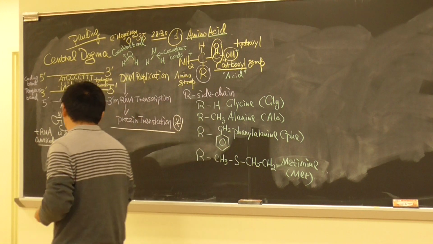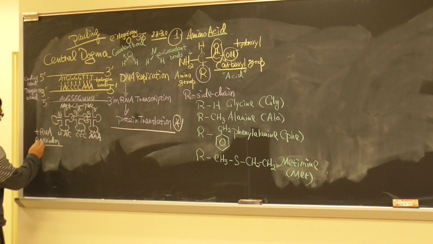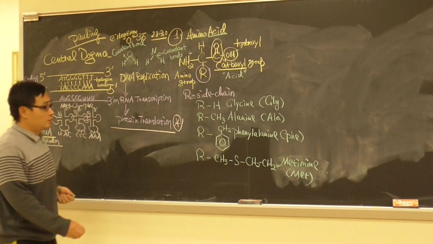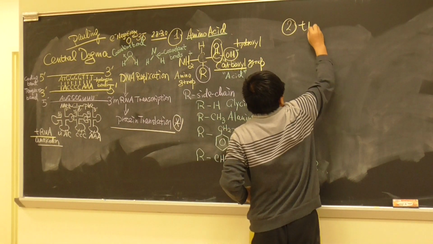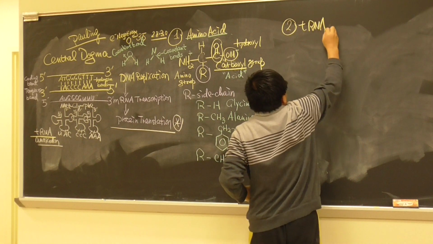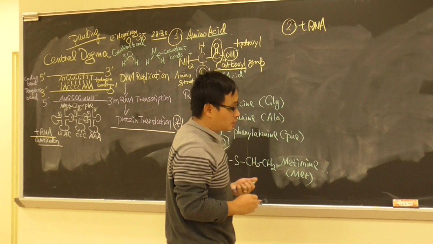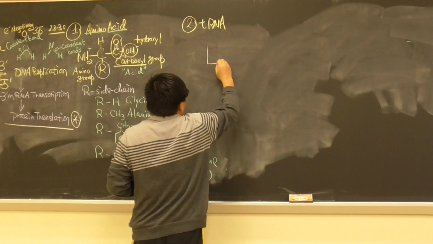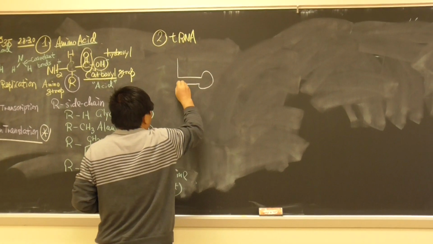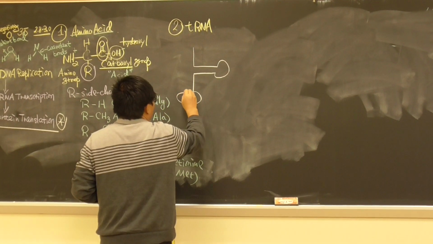The second thing, we talk about tRNA. So we want to mention a little bit about this tRNA, transfer RNA, what it looks like. We're going to talk briefly. It always looks like a leafy tree. Okay, this is what it looks like.